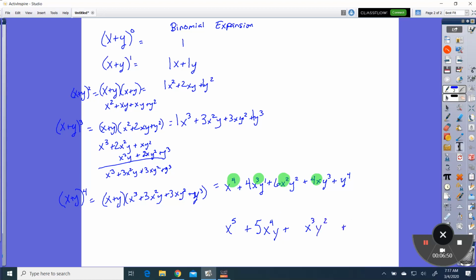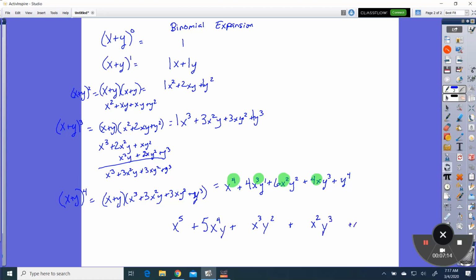I should have left more room. So this one's going to have an x where the power on the x goes down, the power on the y goes up.